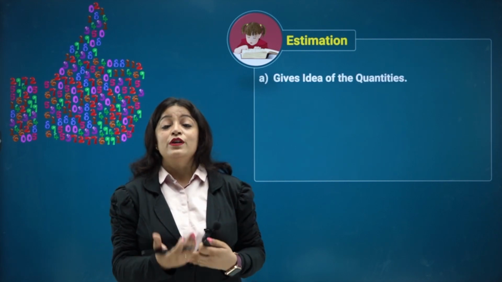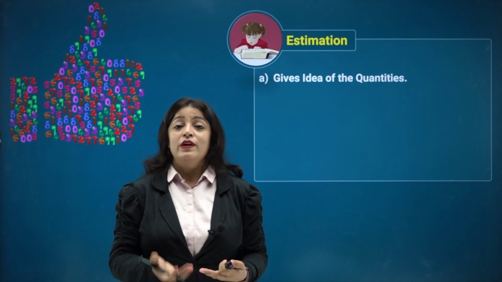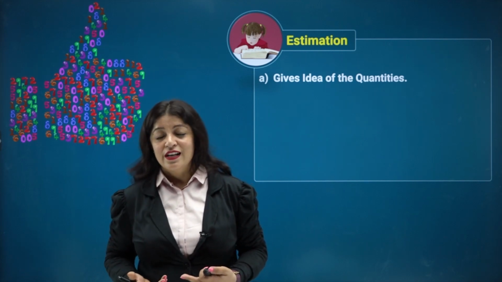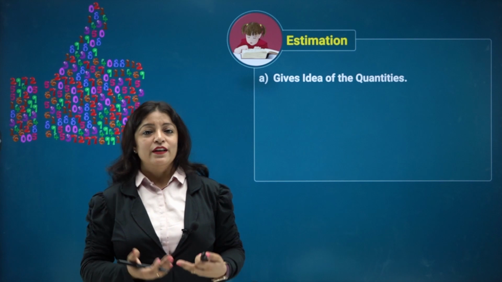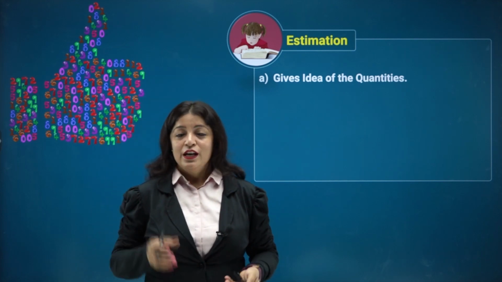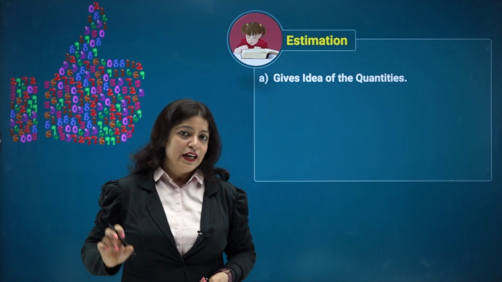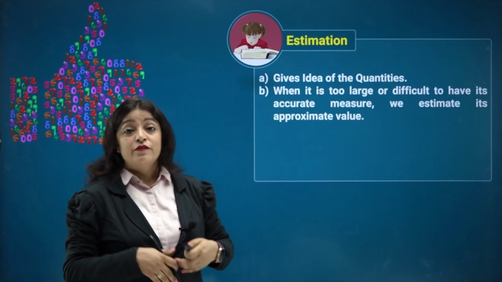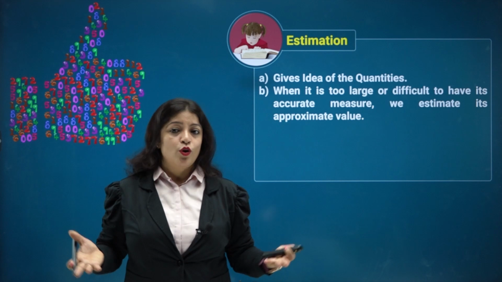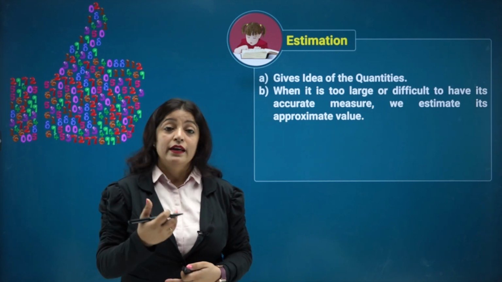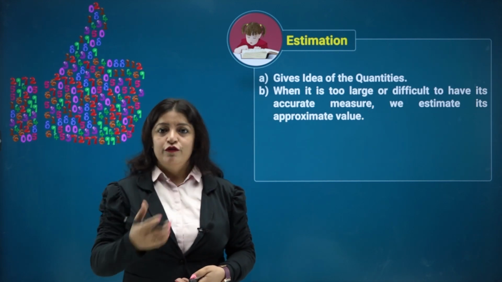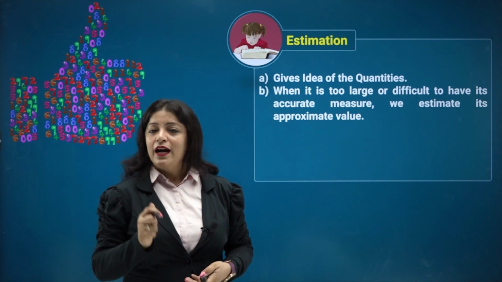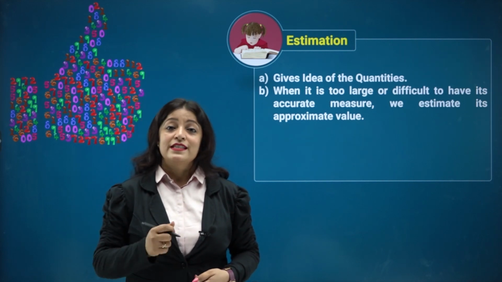Now, how do we use estimation? We apply it to certain questions, like when we are adding, subtracting, dividing or multiplying. Estimation gives an idea of various quantities, and when the quantities are too large or too difficult to get an accurate measure of, we use an approximate value, and that approximate value is called the estimated value.